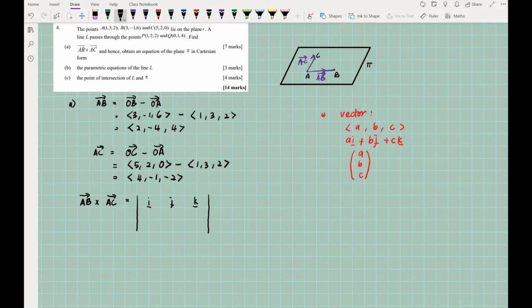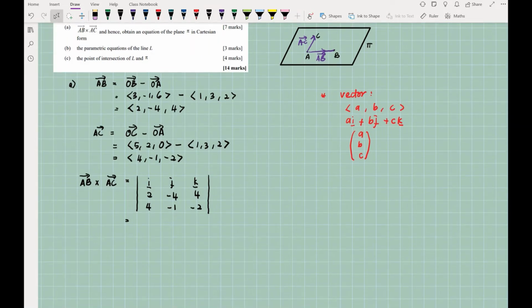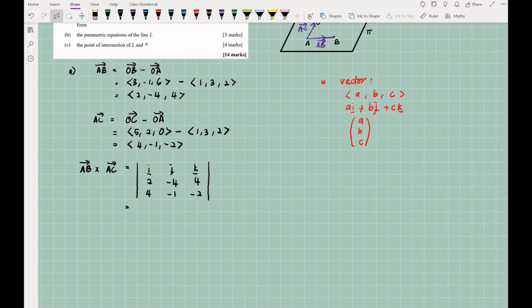Setelah itu, we need to find the cross product between AB and AC. So AB cross with AC, tolong ingat what is the definition of cross product. So kita akan guna determinant of 3 by 3. So I have I, J and K di sini. Setelah itu, kita akan masukkan dahulu, since AB is the first one, AB will be on the second row, iaitu 2, negative 4, 4. And then next, I'm going to have AC, iaitu 4, negative 1, negative 2.